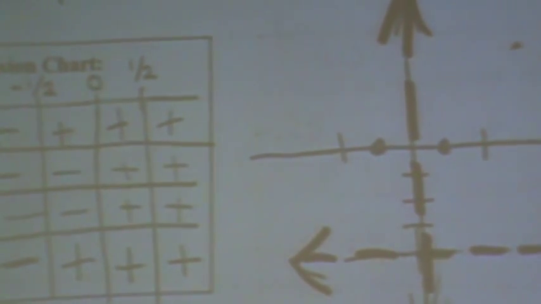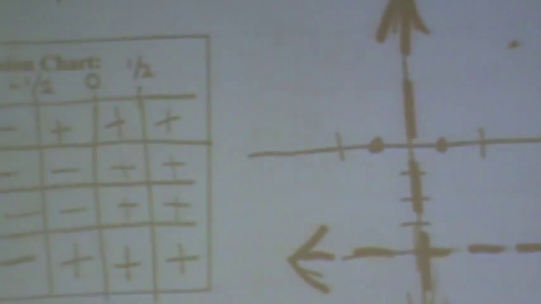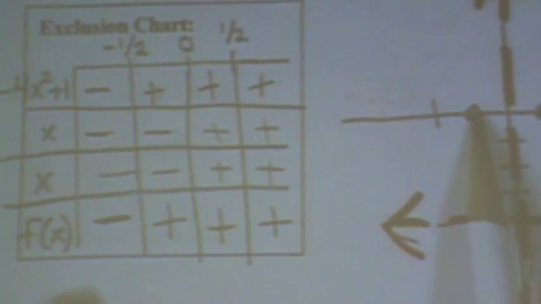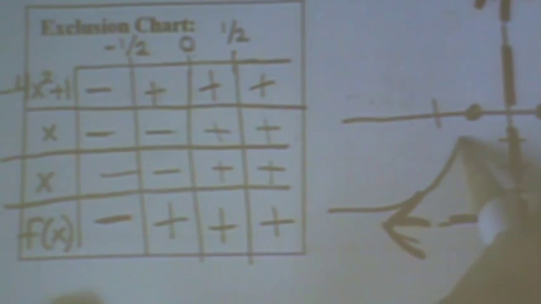So, anyone have an idea how we're going to draw this? It says from -infinity to -1/2, we're in the negative region. So what I would do is draw from -infinity to -1/2. I would draw something up here, and then from -1/2 to 0, you're going to shoot up here. So it looks like this.